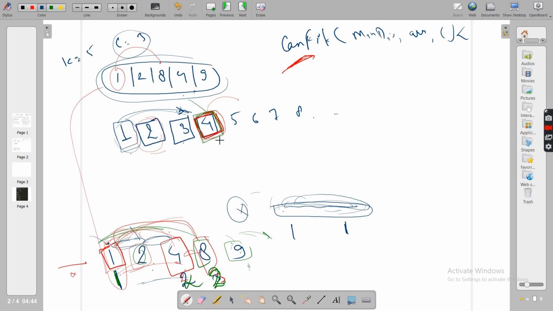Now what you will do moving forward, you will try to increase the distance between every two cows. So if you again try to increase the distance between these two cows, you'll push them. Let's say you keep this one stable, because it will obviously be at position 1.